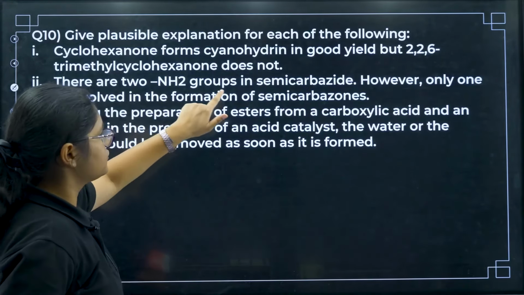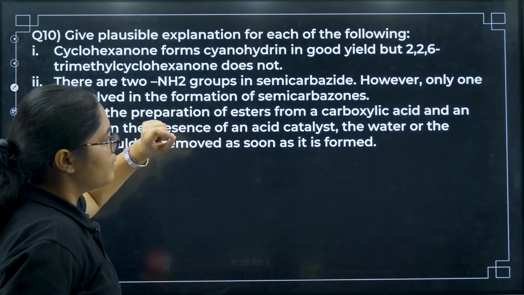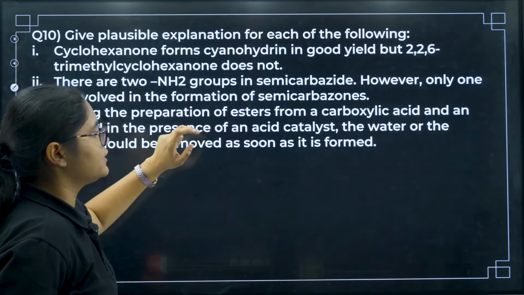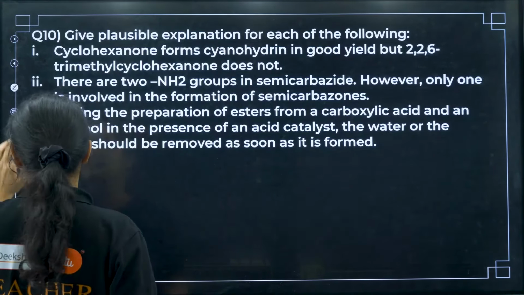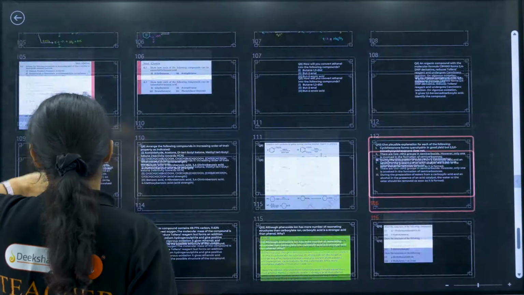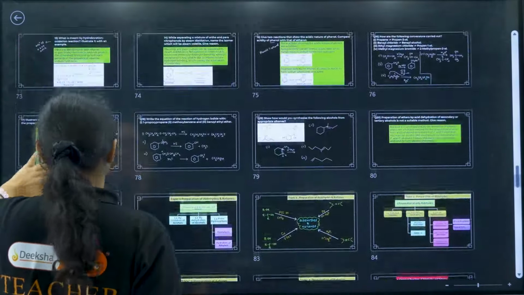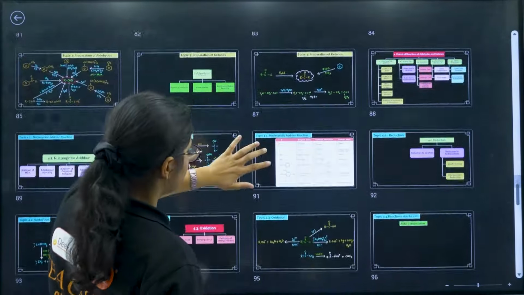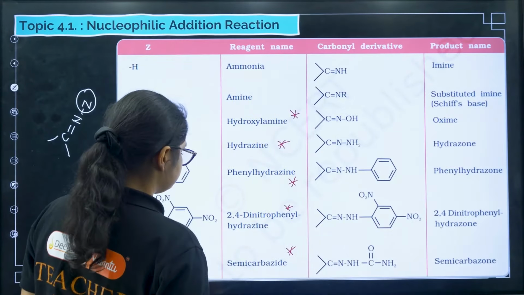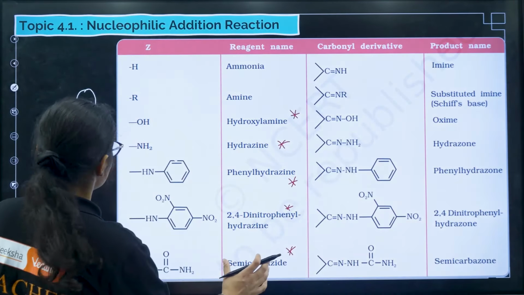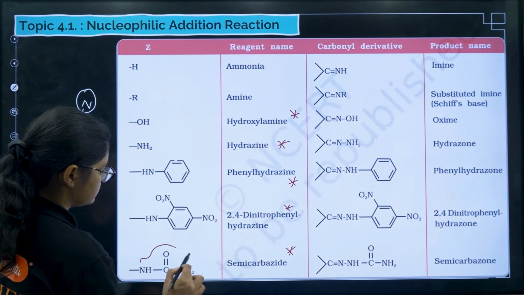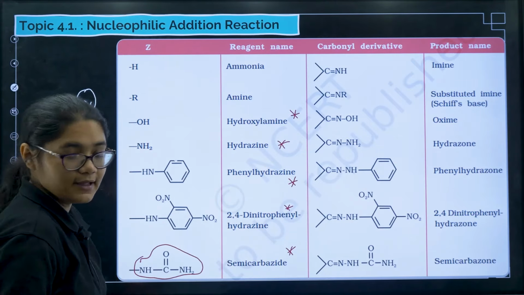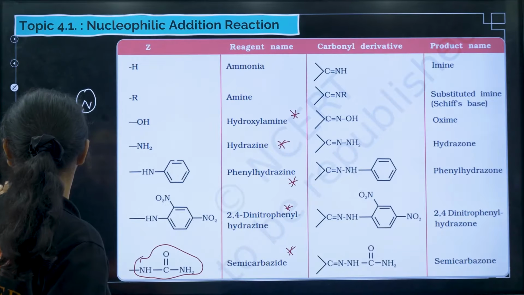There are two NH2 groups in semicarbazide, but only one is involved in the formation of semicarbazone. So if you see the semicarbazide structure, let us just see here. So we have NHCONH2, right?